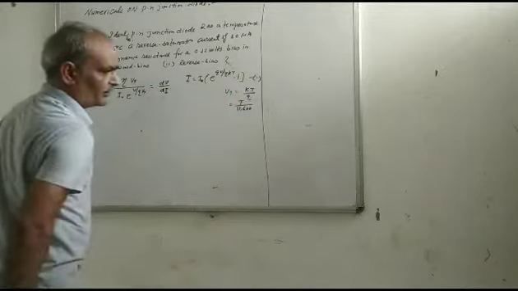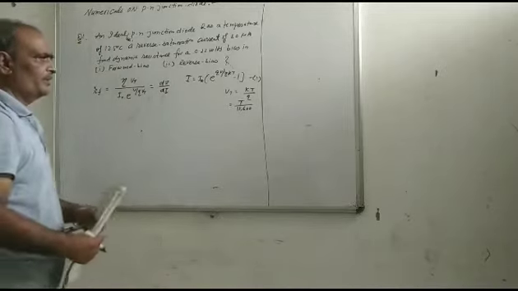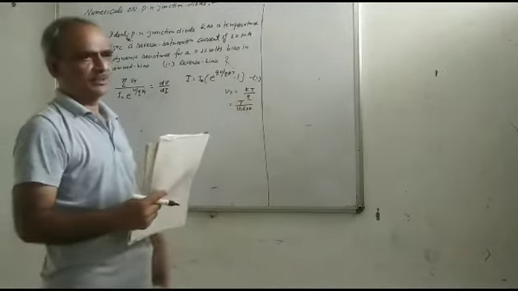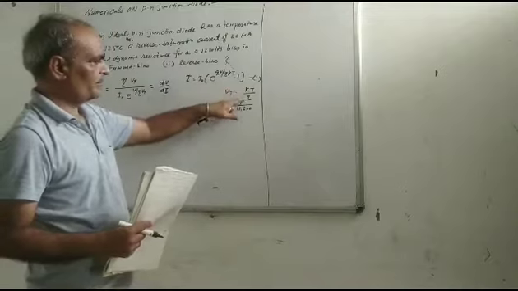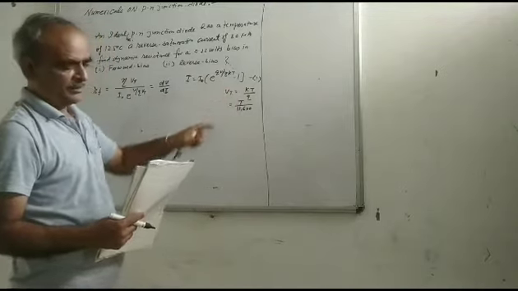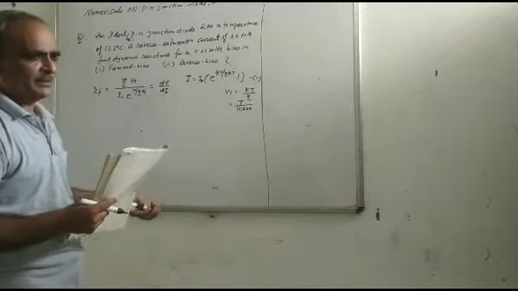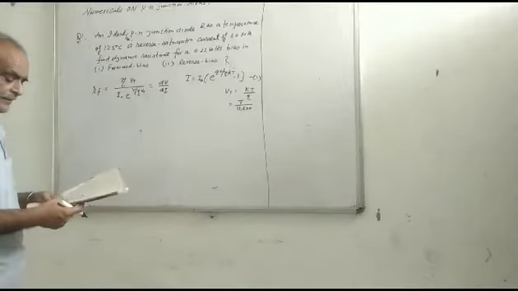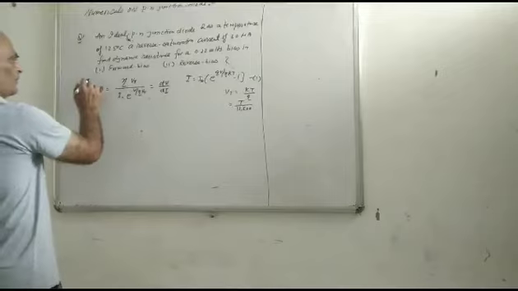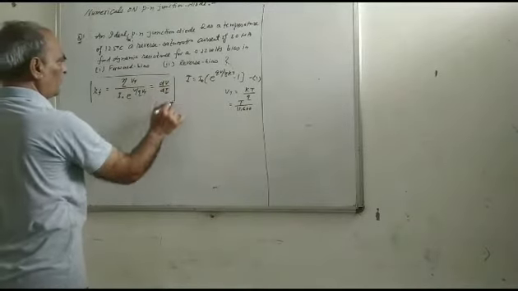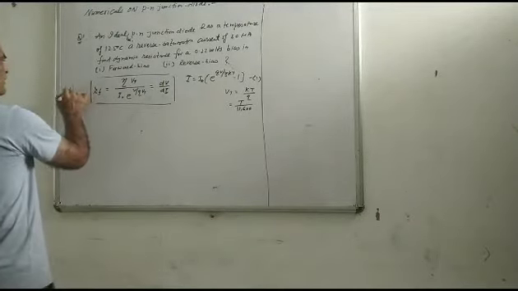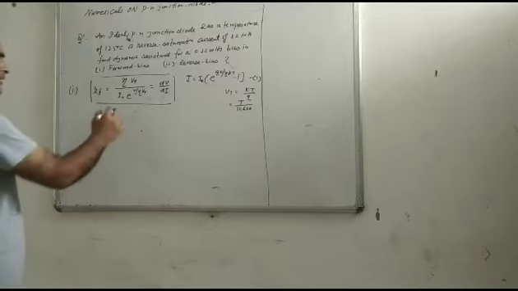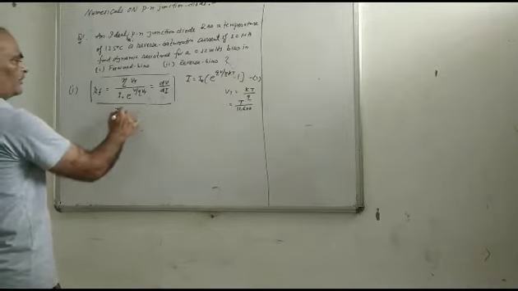K is the Boltzmann constant, Q is the charge on one electron. After substituting these two values, Vt, the temperature dependent voltage, is T upon 11,600. So this is the general formula for forward bias resistance.